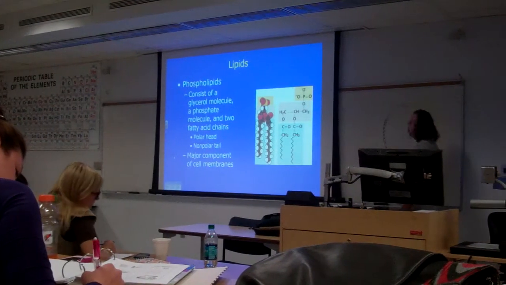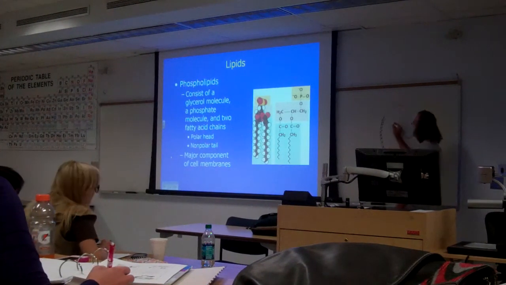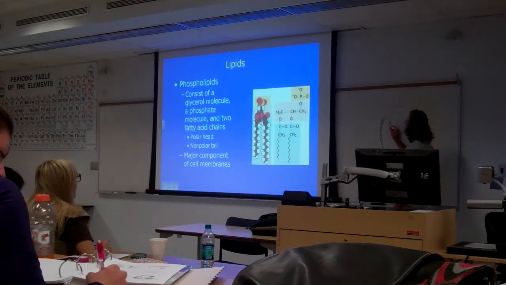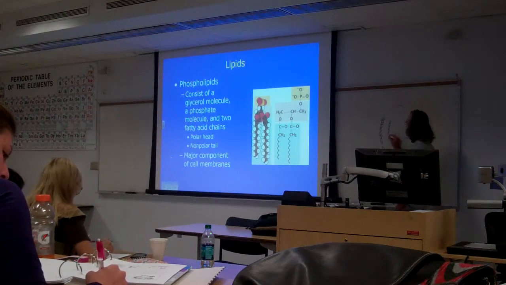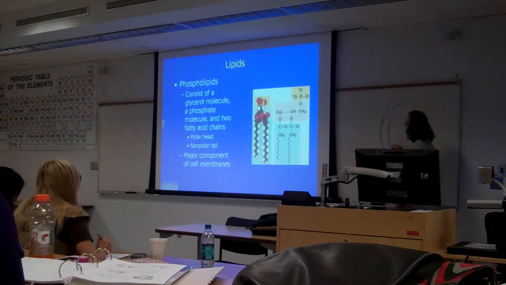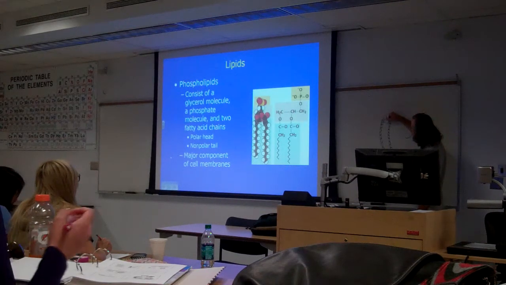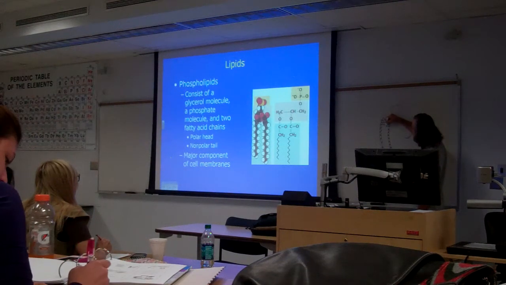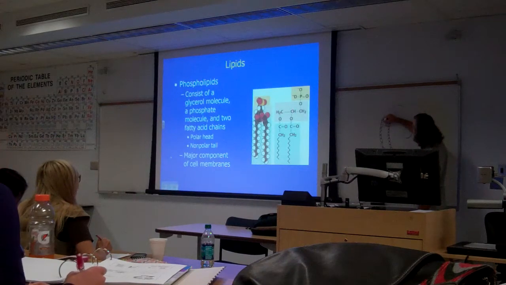So actually I have 2 layers of these, and here's my second layer. It makes up my cell membrane. The heads are on the outside and the inside, and the tails point in between. So it makes up this phospholipid bilayer. There are 2 layers to it.